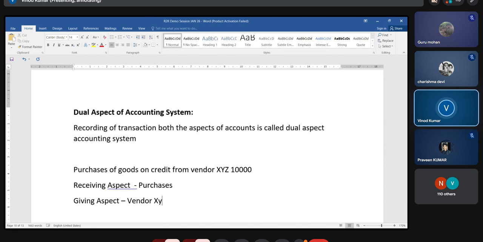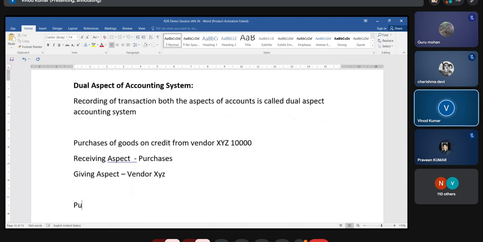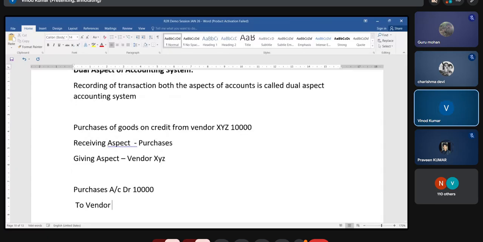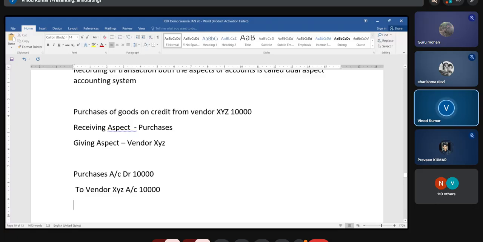So here we are recording both aspects, the purchases account and the vendor XYZ account. If you record the transaction on both aspects, we can easily track from whom we purchased. Anyone who sees this transaction can easily tell that we purchased the goods from XYZ.